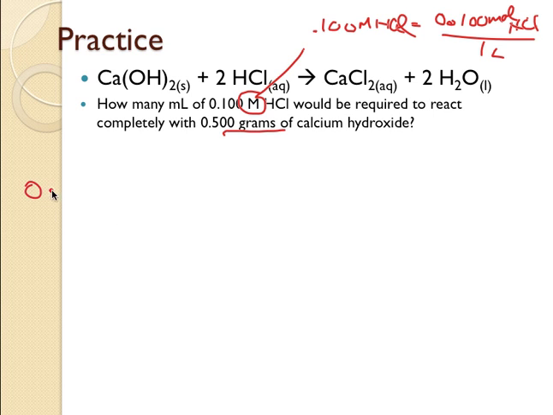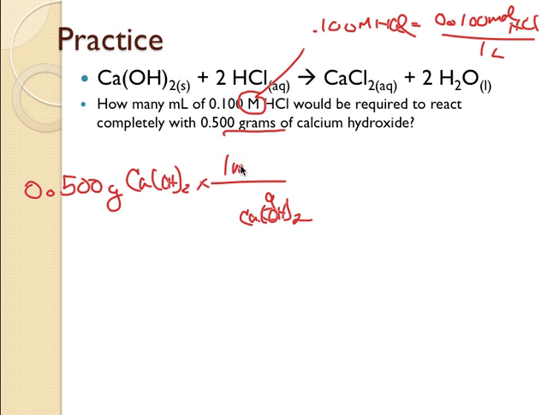So working out the problem, grams of calcium hydroxide times 1 mole of calcium hydroxide per molar mass. From the previous problem, we found that it was 74.1 grams per mole for calcium hydroxide.